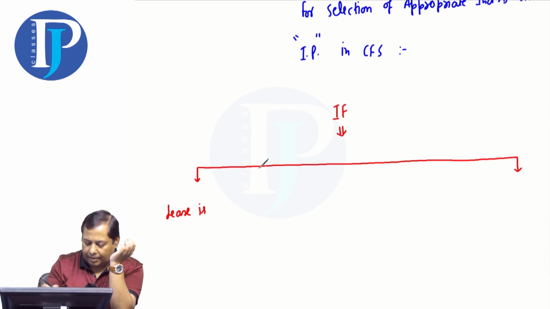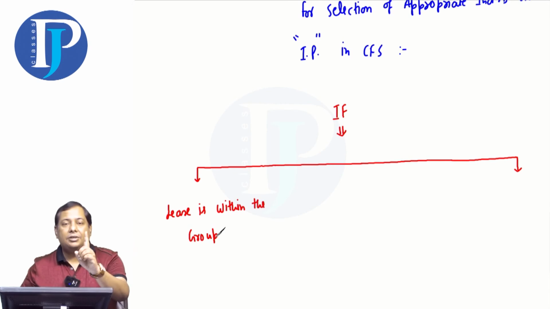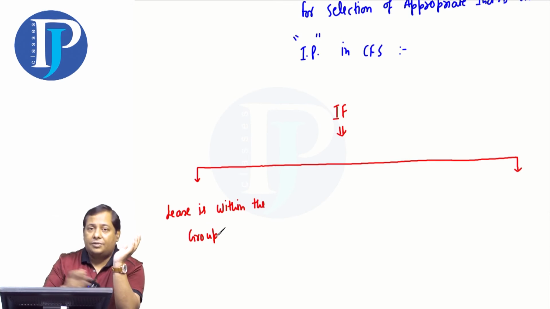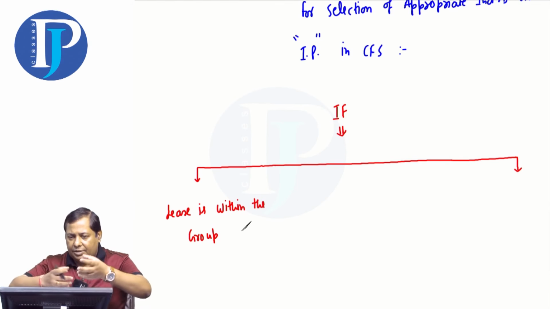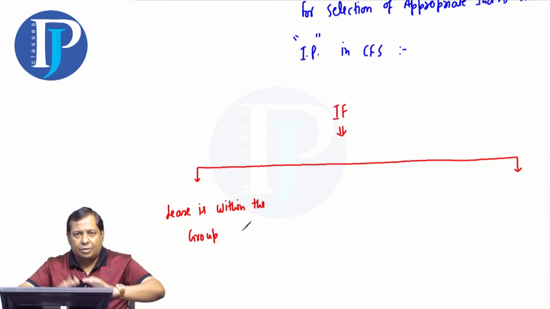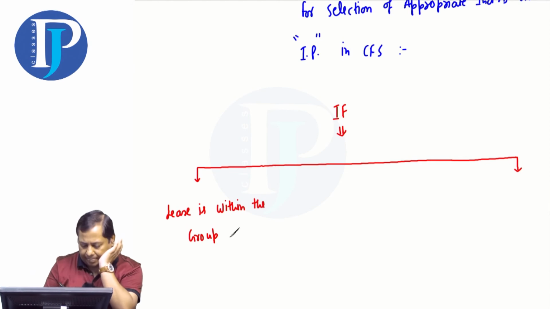If leases are within the group, the first condition: lease is within group. If the holding and subsidiary members in the group lease among themselves, okay? So this will be completely satisfied.